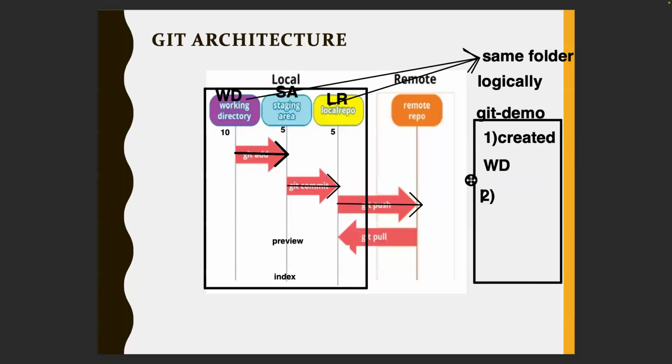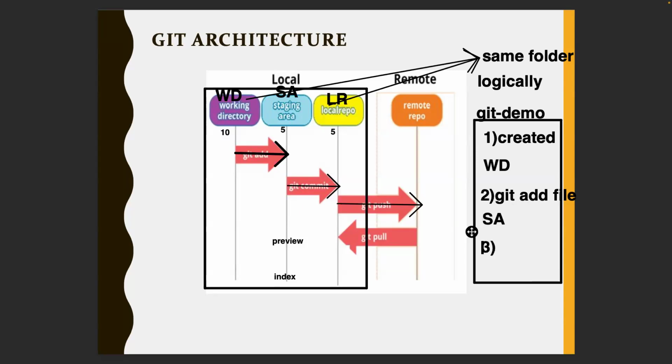Let's say you copied some file from somewhere and placed it here, or else you created a file. Whether you created or copied, you just brought a file here, means it's said to be in the working directory. If you add it into the staging area, with exact commands we will learn in the lab, then it is said to be in the staging area.